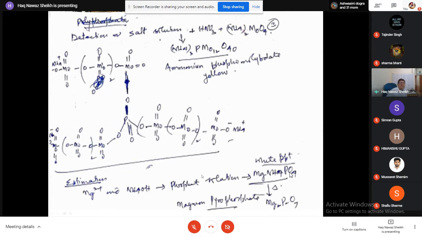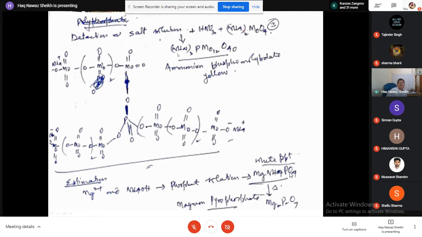This compound has a phosphate group at the center. This is phosphate, with a double bond O, and O negative, O negative, and O negative. To the O negative you have four molybdate groups, four here, and four here. So that is 12 molybdenum atoms. Each molybdate has an O negative linked, and ammonium ion is there.